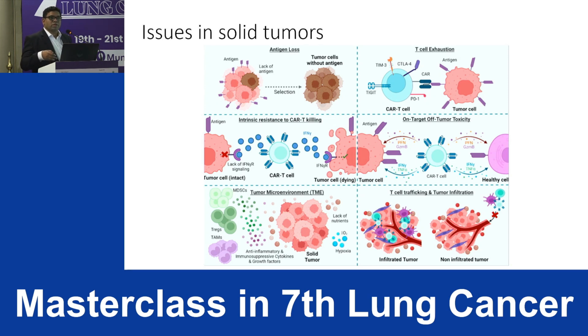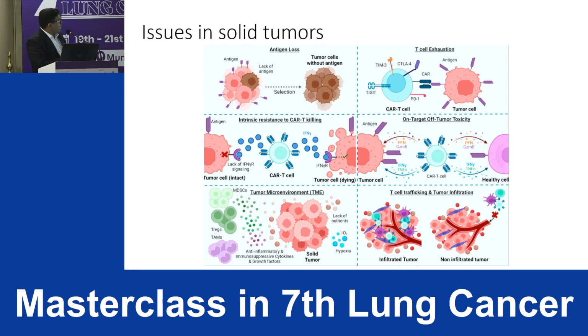So solid tumors which have a lot of fibrosis are unlikely to benefit with only the CAR Ts which are focusing on the mutations. You need to add it with something, and I'll show you what is added for them to destroy the microenvironment so that it reaches. The first thing is that it reaches there.